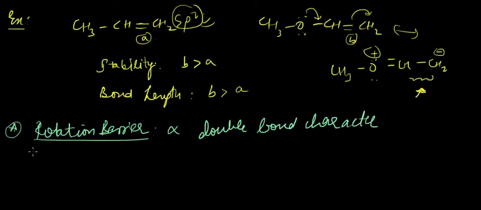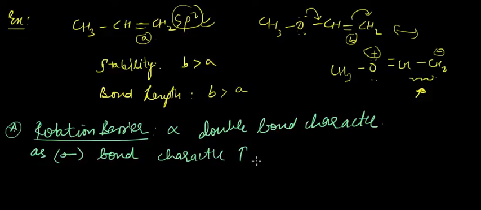Okay, so as sigma bond character increases, there is more rotation across the bond. So in this case, if we compare these two compounds, the order of rotation barrier would be A is more than B.